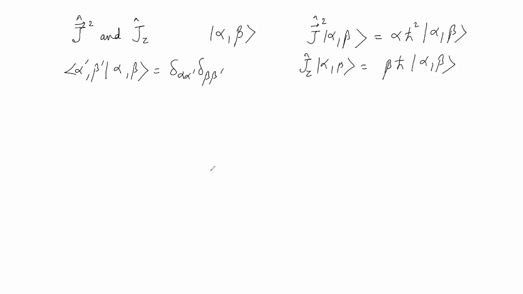Then, in order to determine alpha and beta, we introduce raising and lowering operators, J plus as Jx plus i Jy and J minus as Jx minus i Jy.